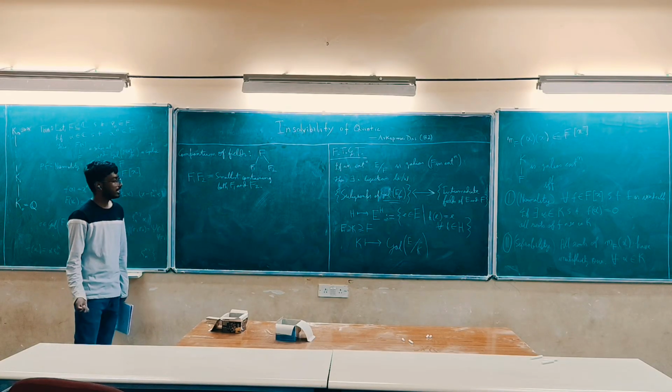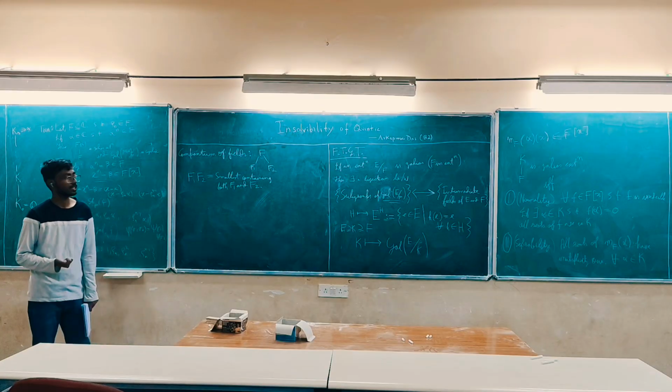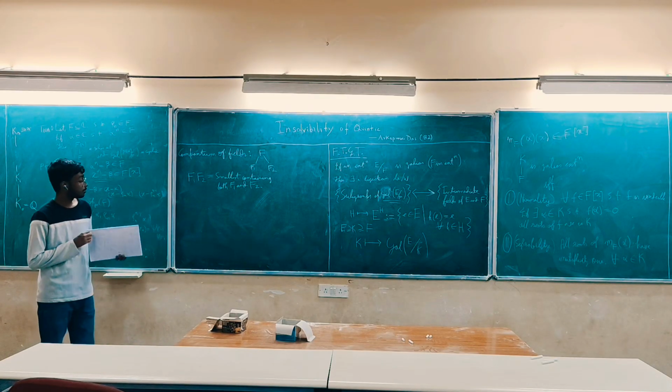This exists as we can take the intersection of all fields containing F1 and F2. So this is a compositum of two fields.